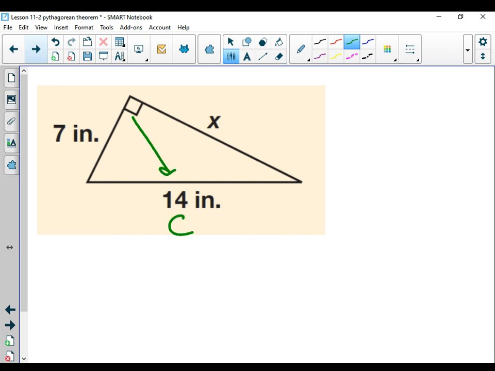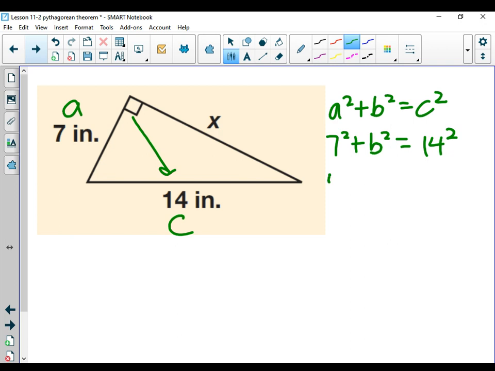C is across from the right angle, which makes 7 A or B. 14 squared is 196.